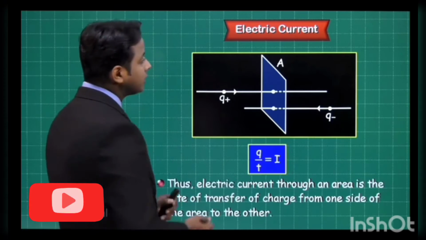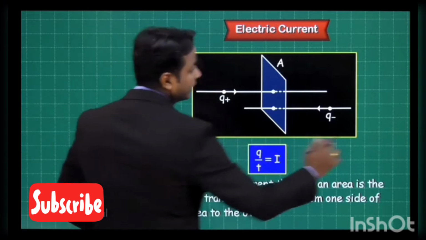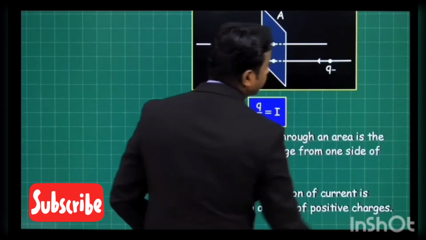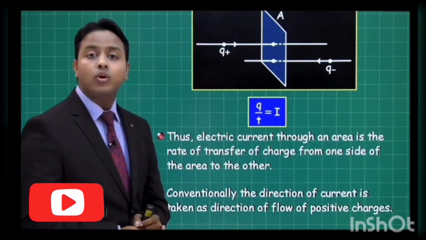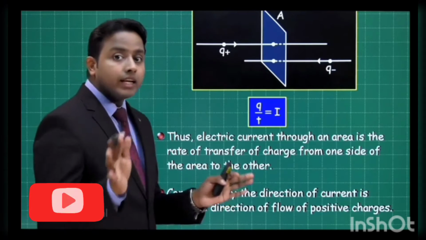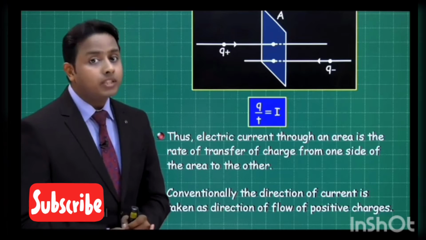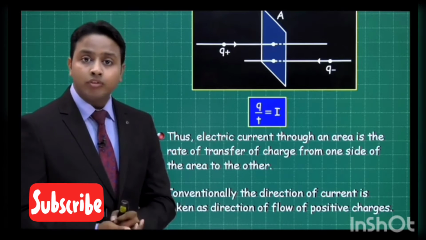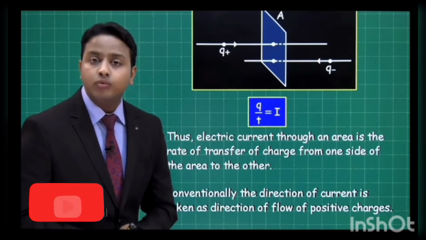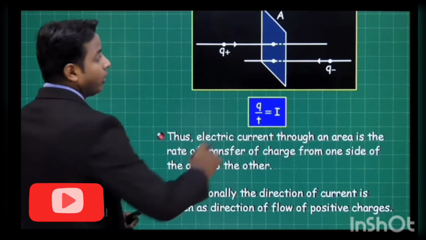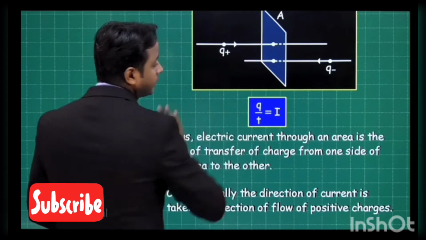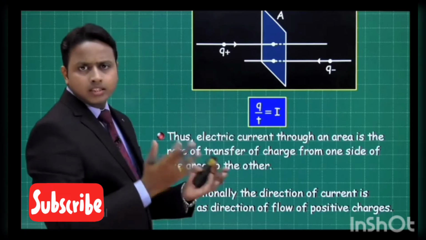If I see the further discussion of the current, current is basically defined as the rate of flow of charges, or we can say rate of flow of charges across an area. But current does not depend upon the area. Current is independent of area, but whenever the charge is flowing, we need to specify the area through which the charges are flowing. So for this area, Q amount of charge has flown through it in a certain time t.